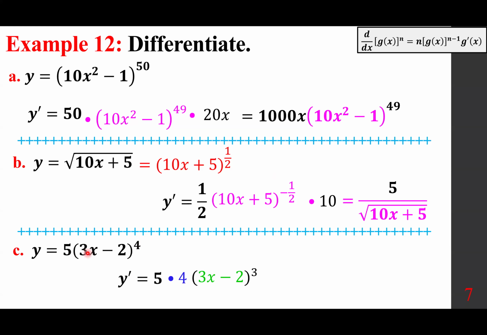And now by the chain rule, the derivative of the inside, which is 3. That's, of course, the end of the story as far as calculus is concerned. And you put 5 and 4 and 3 together, becomes 60. So 60 times 3x minus 2, quantity cubed, and that's the answer.